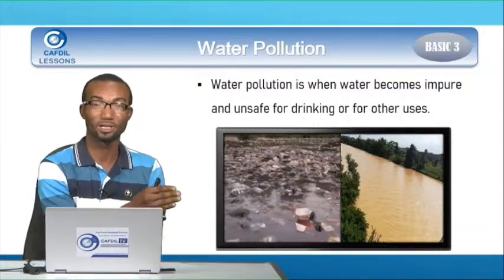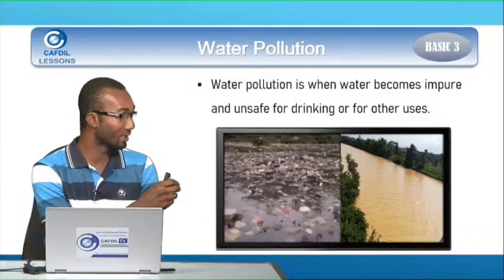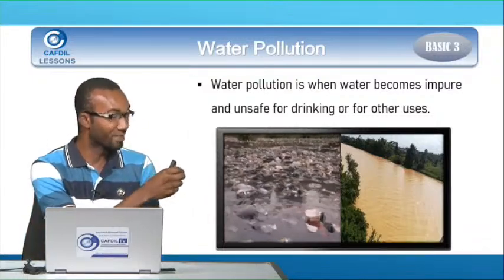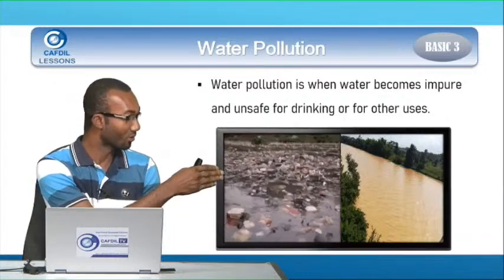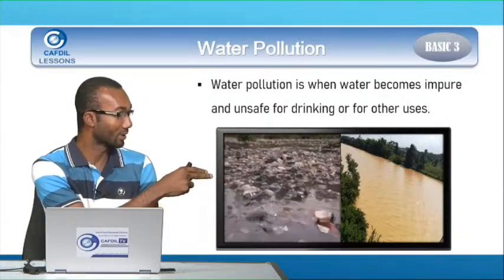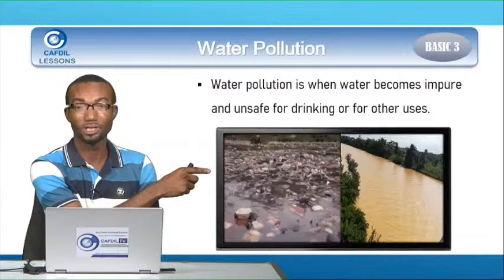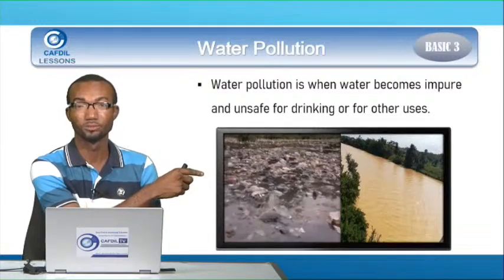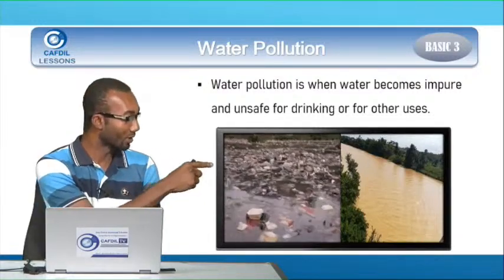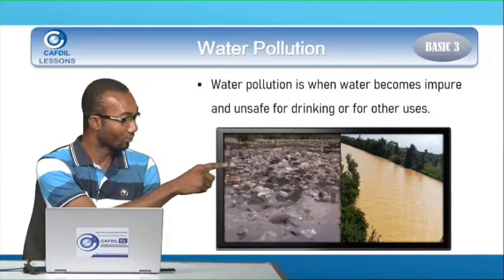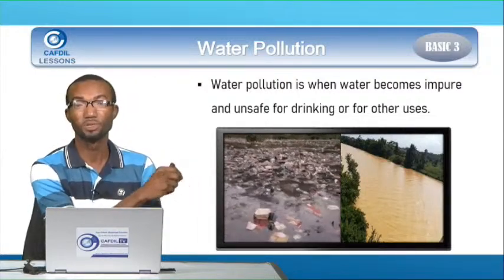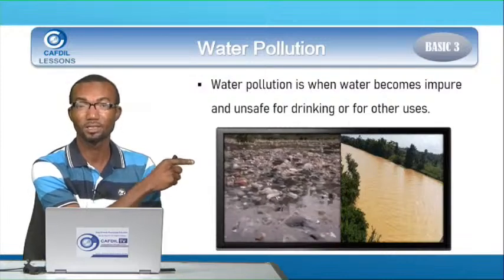When we were talking about the qualities of good drinking water, we said that it must be clean and free from particles. So look at all these particles inside the water, and then look at the other one too, that looks muddy. So when we talk about water pollution, we are talking about these kinds of water. It should be clean, and you see that this water is polluted.